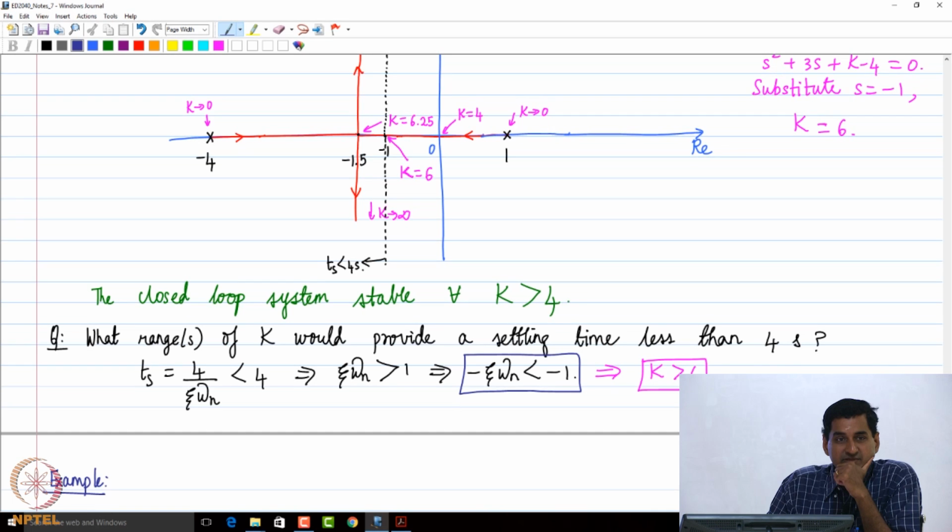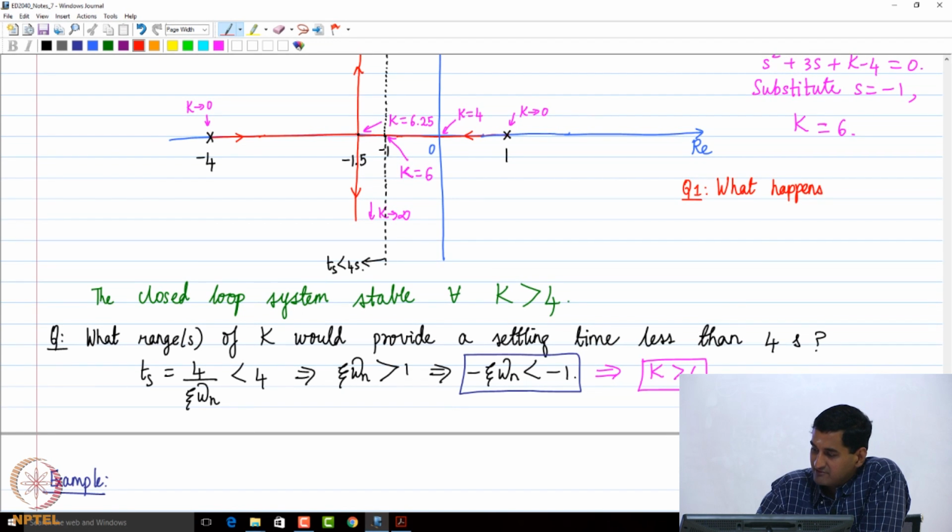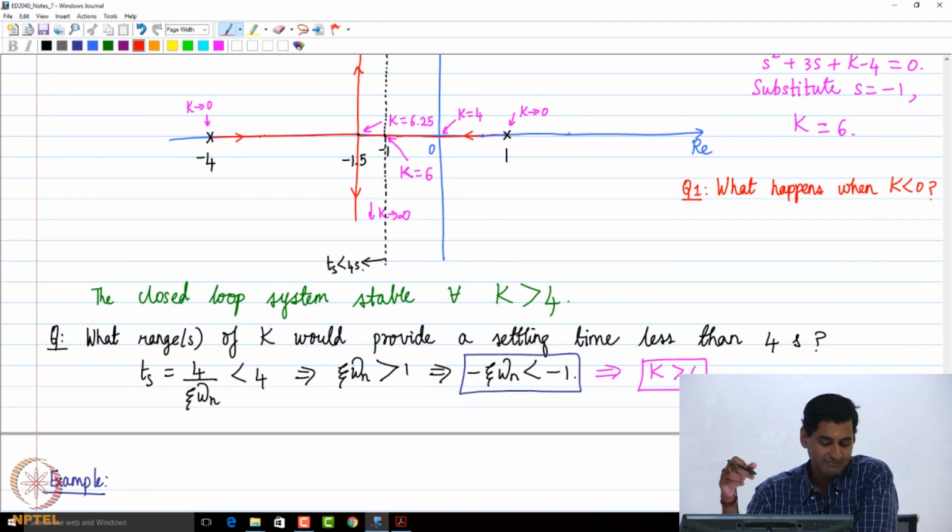Any other questions? No. So I'm going to leave you with 2 questions. Think about them and we will answer them in the next class. Question 1: what happens when K is negative? In general, K can go from minus infinity to plus infinity.